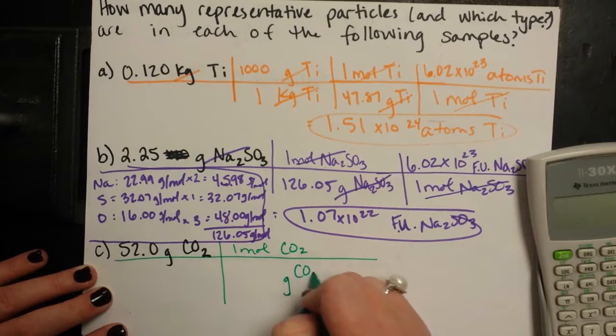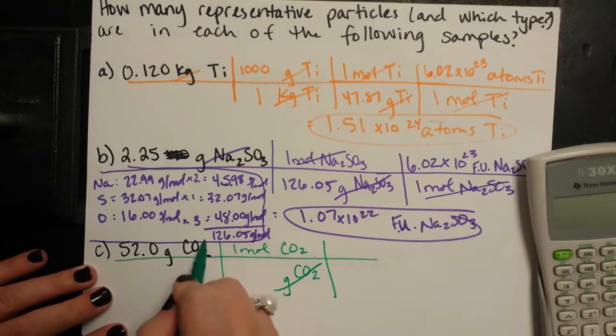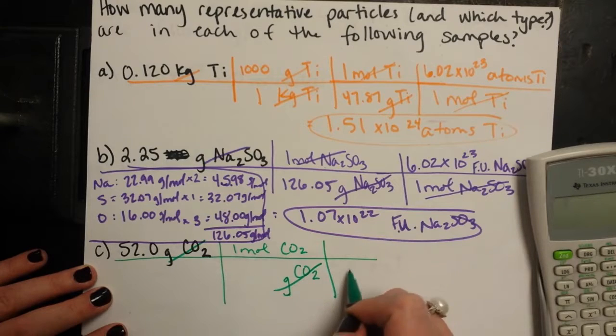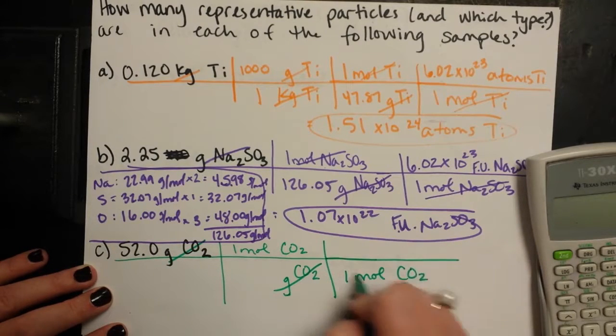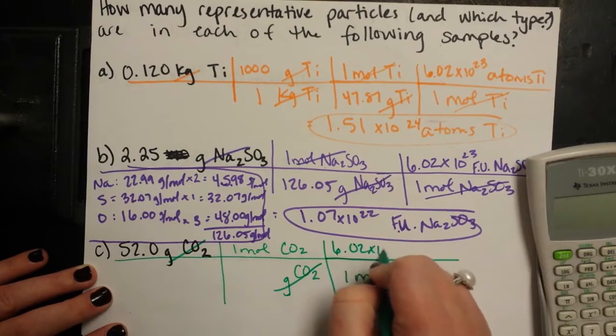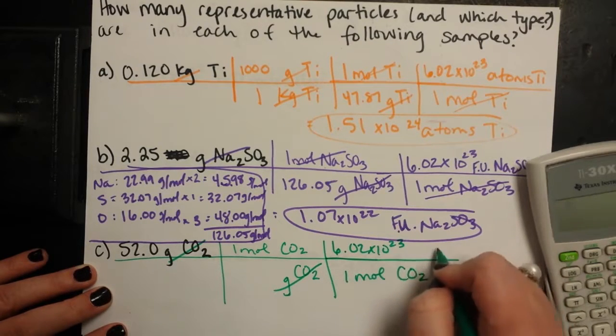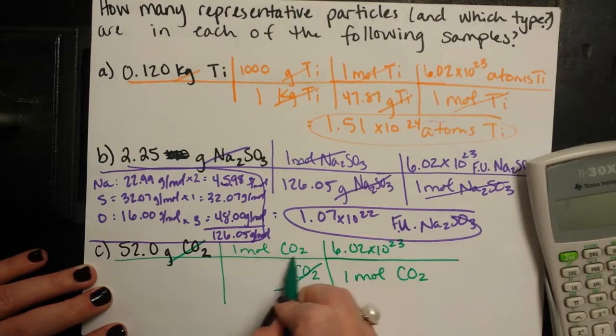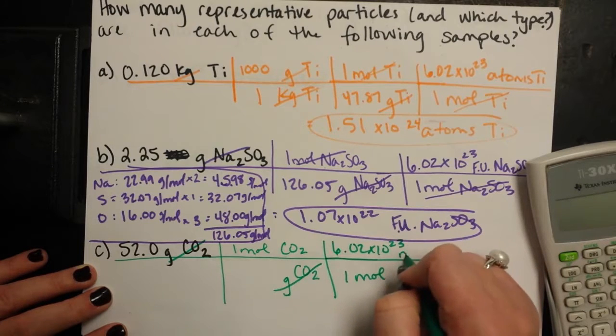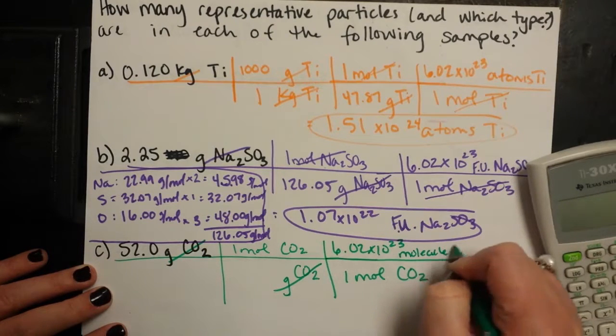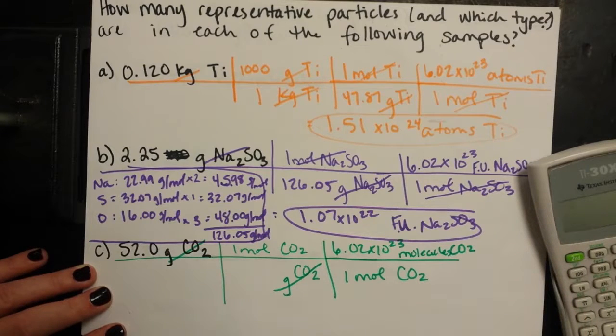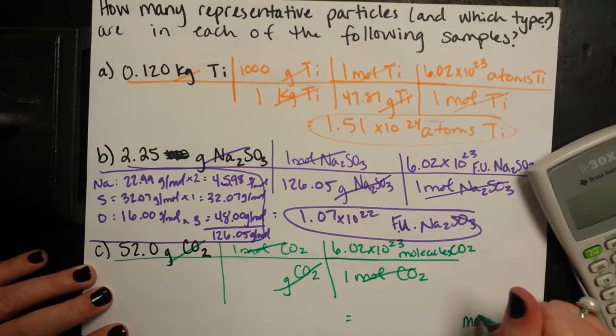This will cancel out my grams, and I need to cancel out moles and get into representative particles. 1 mole of carbon dioxide is going to have Avogadro's number of representative particles. Carbon dioxide is a covalent compound, so the representative particle is the molecule. Our moles will cancel, and we're left with molecules of carbon dioxide.